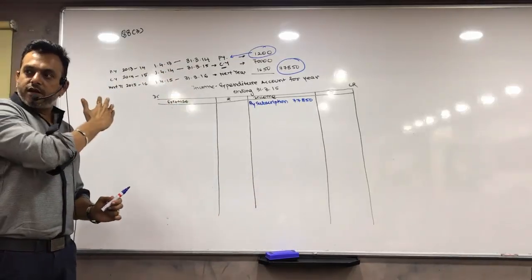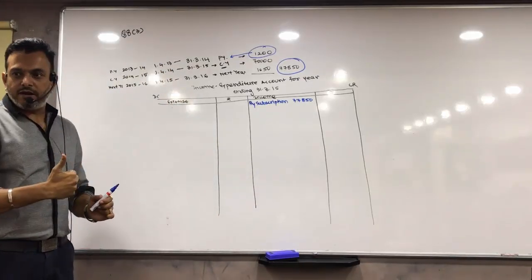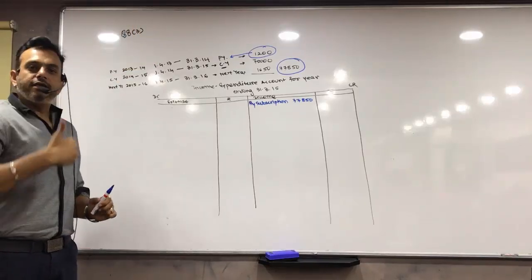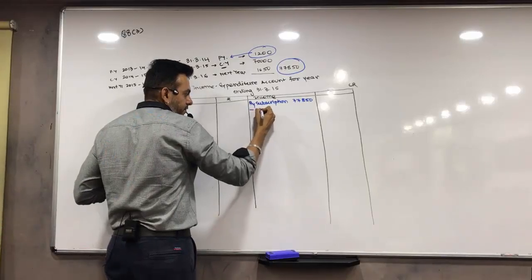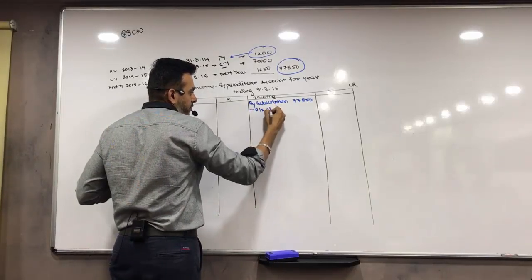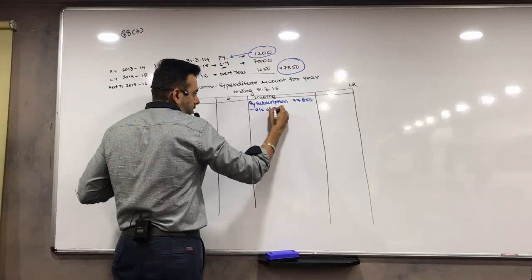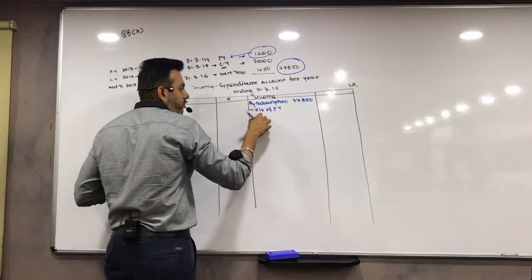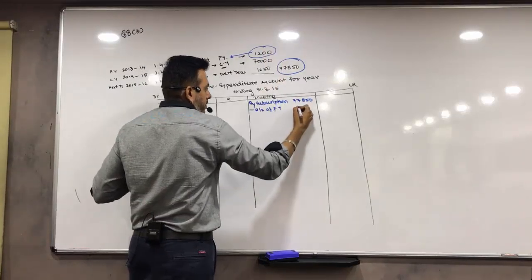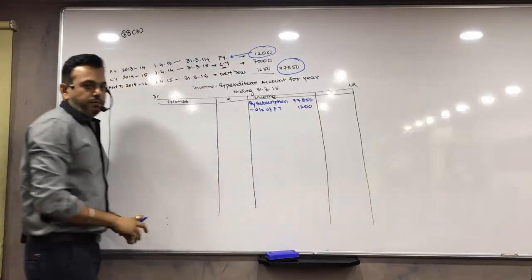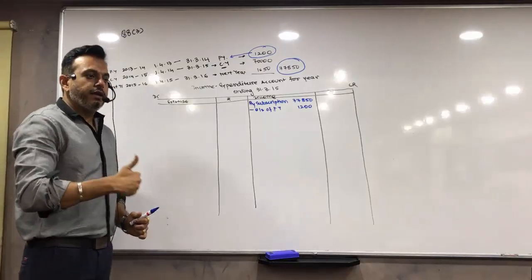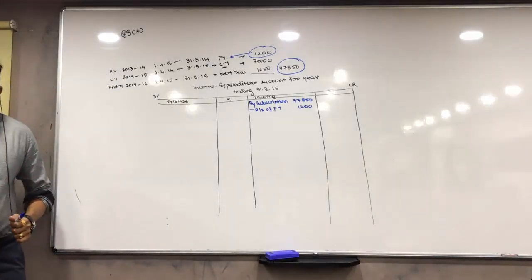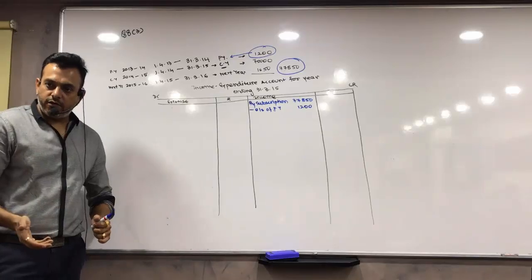No. The money for last year's services is being received this year, so it is last year's income. It is not this year's income, so we will deduct it: minus outstanding of the previous year. You can also write minus outstanding at the beginning. Doesn't matter, both are the same. In school, beginning is the previous year and end is the current year or the next year.